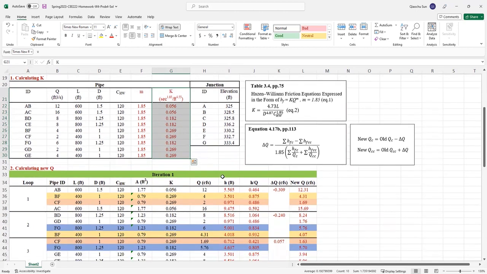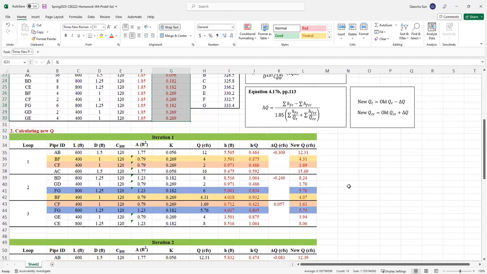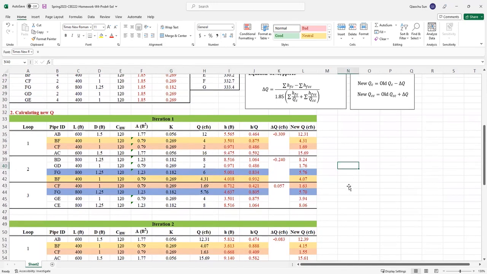After calculating the value of K, the next step is to calculate the flow rate in each pipe by doing 2 iterations in 3 loops. The format I used in this problem is a little bit different from the format I used for problem 3.